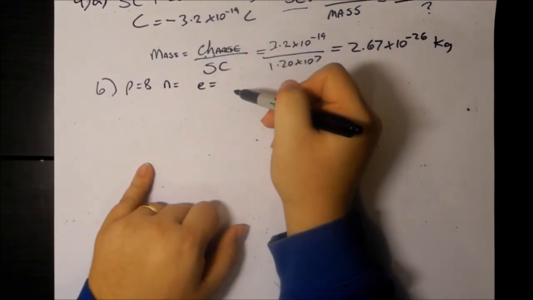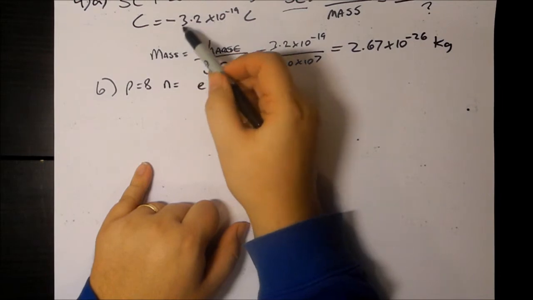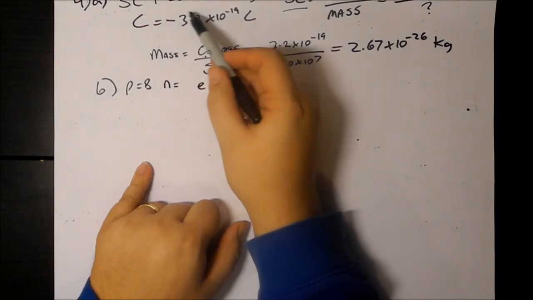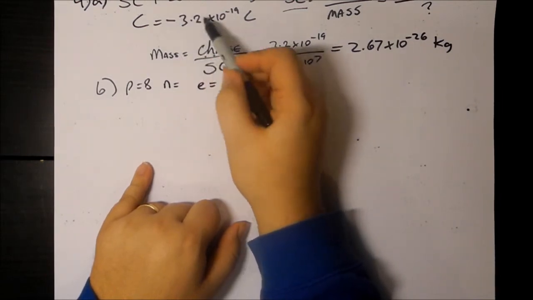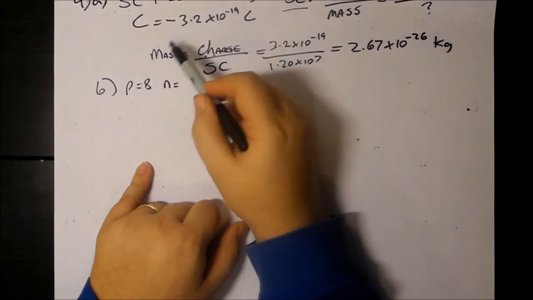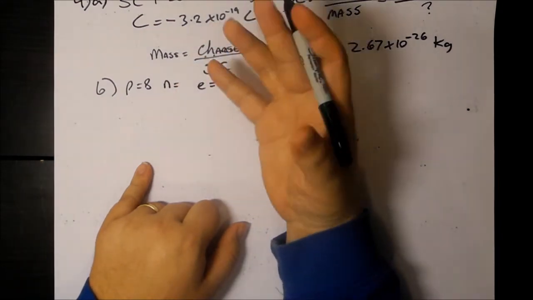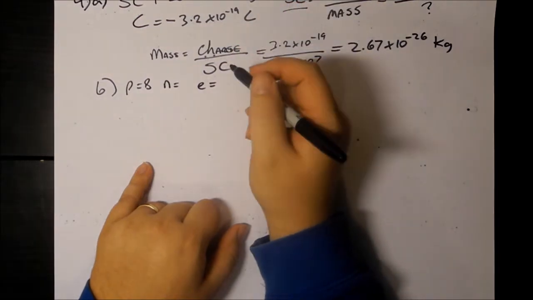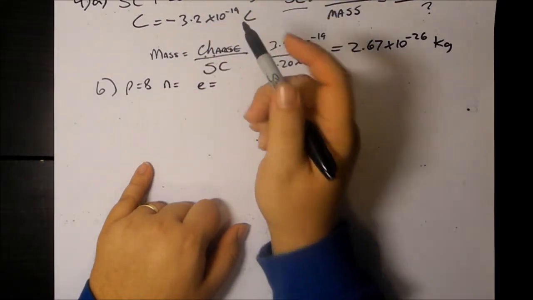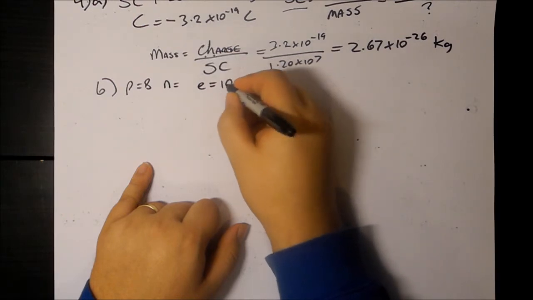Easiest one to do first is electrons, because the fact that it's minus tells us where the extra charge is coming from. Extra minus charge is going to come from extra electrons. There's 2 lots of 1.6 here, because we've done that calculation so many times, we know that 3.2 is double 1.6, but you could work it out, divide by 1.6 and it will give you 2. So we know there's 2 extra electrons, which means there must be 10 electrons.